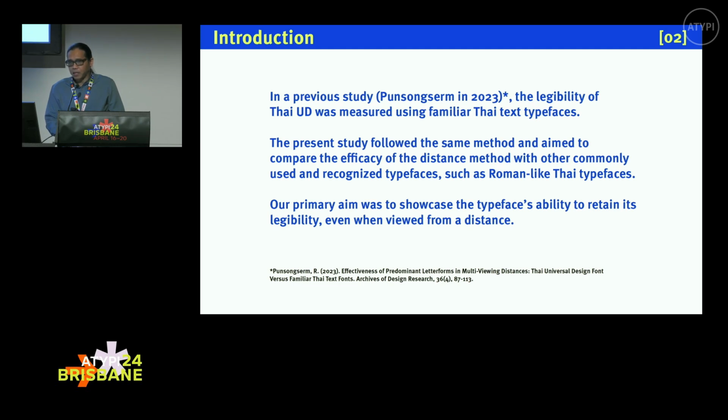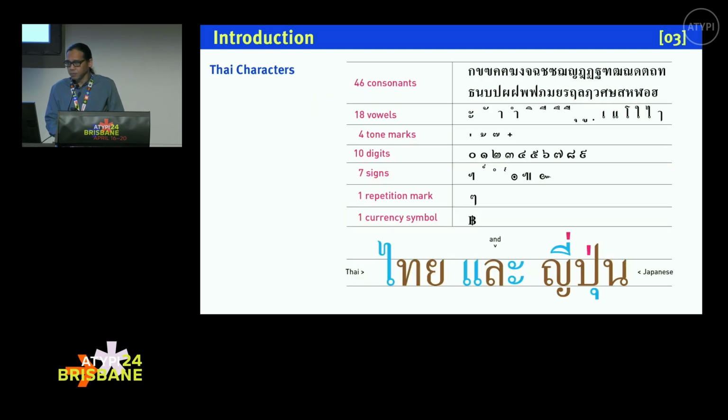The present study followed the same method and aimed to compare the efficacy of the distance method with other commonly used and recognized typeface such as Roman Light Thai typeface. Let me introduce Thai characters and Thai letter key features.